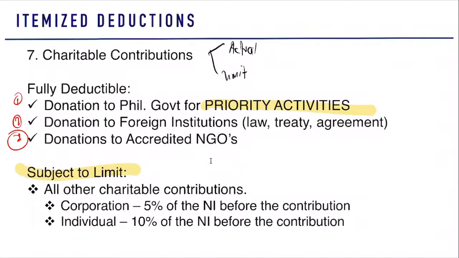Those are items of priority activities. Sir, on a taxation problem, when do we learn if that is a priority activity or not? Sasabihin ng problem na it is a priority activity. So the problem will always tell you that it is a priority activity or not a priority activity.